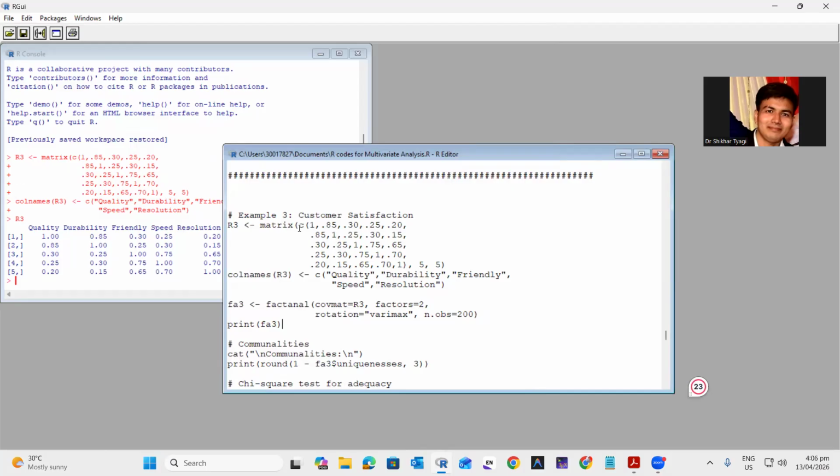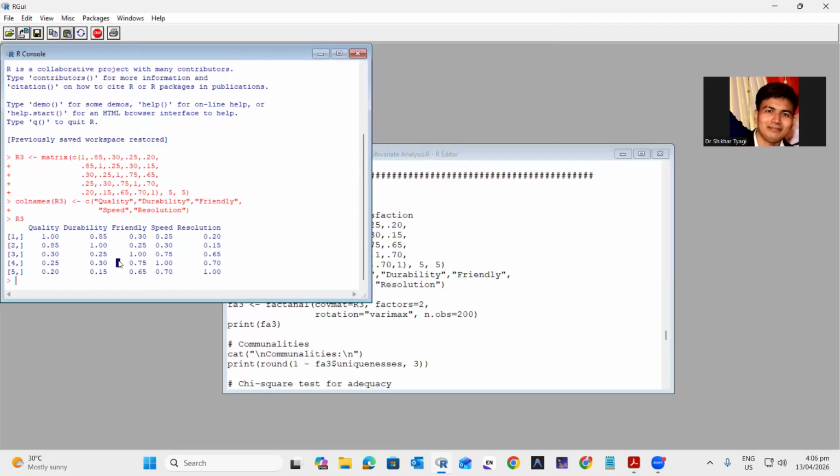It took the 25 overall values arranged in the 5 by 5 matrix. This is a correlation matrix, and one on the diagonal means each variable is perfectly correlated with itself, and values like 0.85, 0.3, 0.75, and 0.7 show the strong correlation between some service related variables.